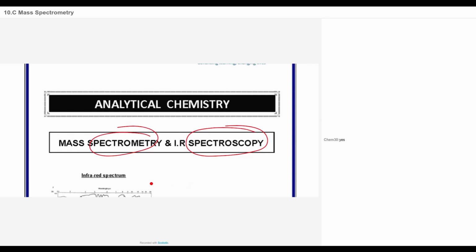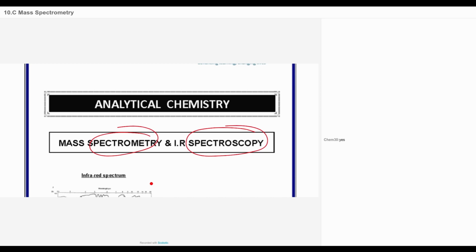Spectrometry and spectroscopy are both techniques used to identify molecules. When it comes to spectrometry, there is no interaction of electromagnetic radiation with the matter whatsoever. But in spectroscopy, there is interaction between the electromagnetic radiation and the matter.